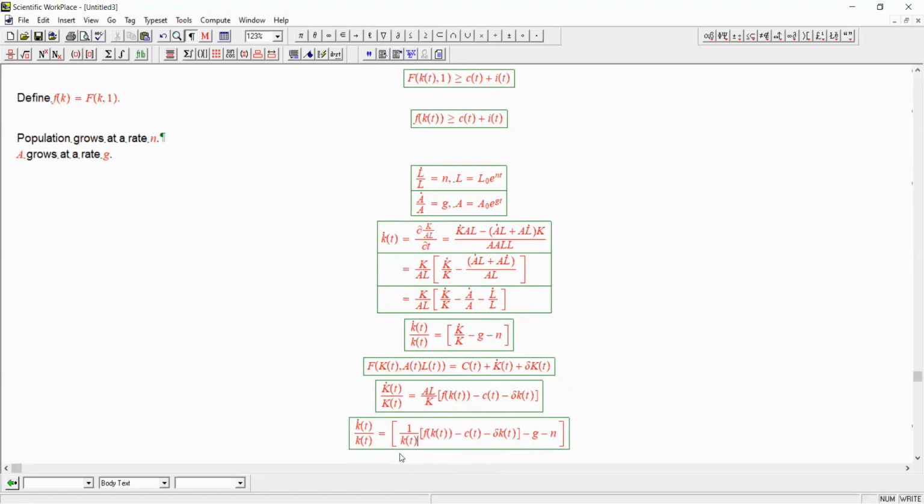So if we multiply both sides by small k, this will cancel, this will cancel, and now we'll have k multiplying minus g and minus n. And so now we have a law of motion for k dot.